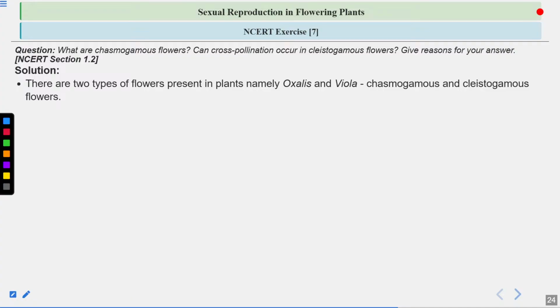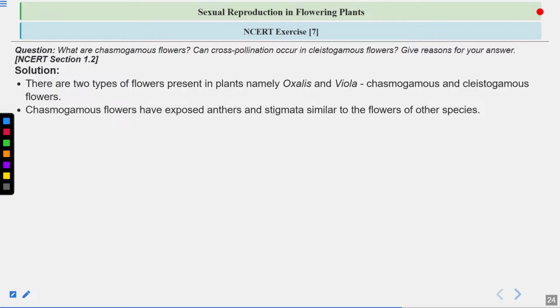Anyway, the question was about the chasmogamous flower. What is a chasmogamous flower? Chasmogamous flowers have exposed anthers and stigma, similar to the flowers of other species. The flower that blooms, that opens, exposes its anther and stigma. If the flower is closed, then the stigma and anther will not be exposed, right?